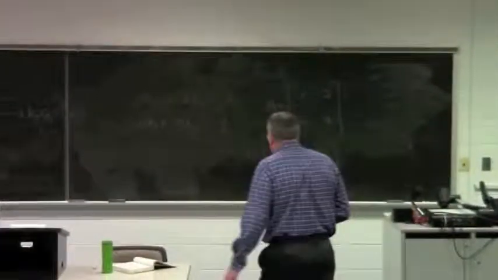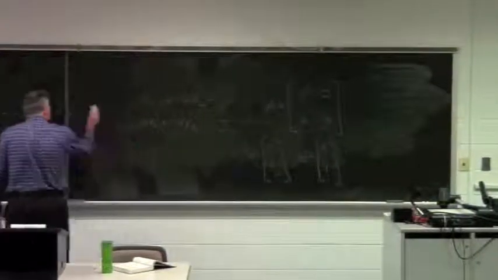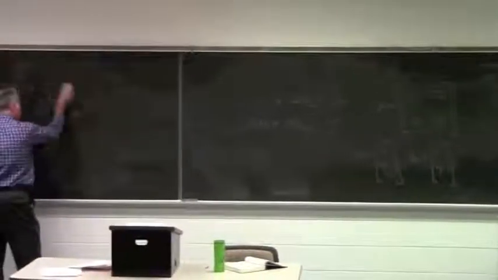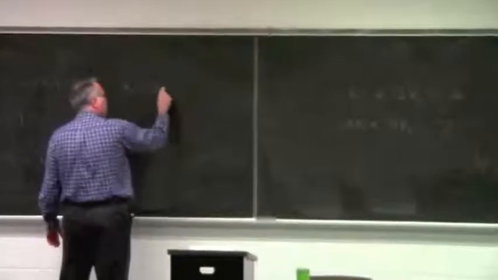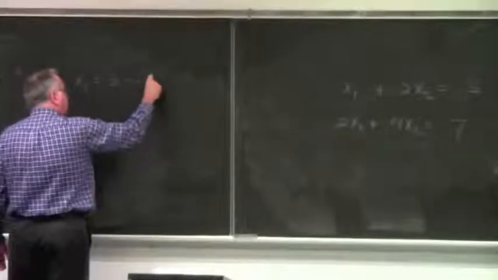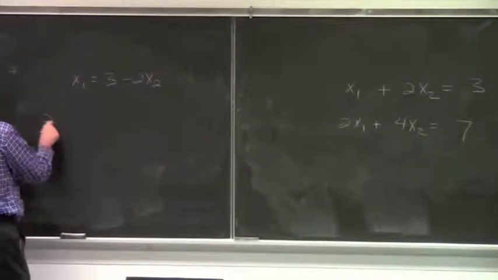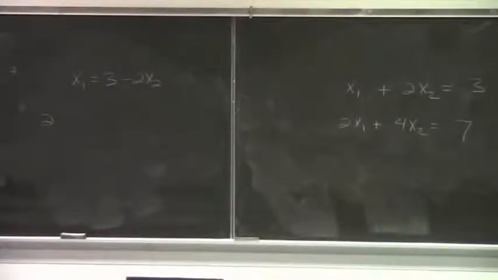And to see why, let's just use the substitution method to try and solve this equation system. From that first equation, I could write x1 equals 3 minus 2x2. Now, substitute this result into the second equation. Notice that the second equation is 2x1 plus 4x2 equals 7.